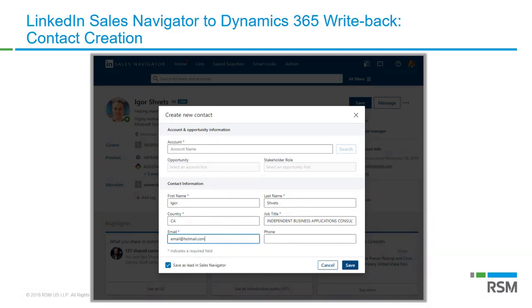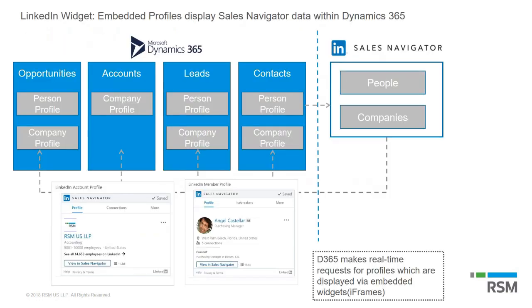Once you select that, then you can select an opportunity. It will filter out the opportunity related to the account that you picked. And then you can create a stakeholder. You could pick a stakeholder role, which means that now it's going to be added on the opportunity as a stakeholder as well. And then you can see here in the bottom, it says save lead in Sales Navigator. So you can do that at the same time, obviously, as well.